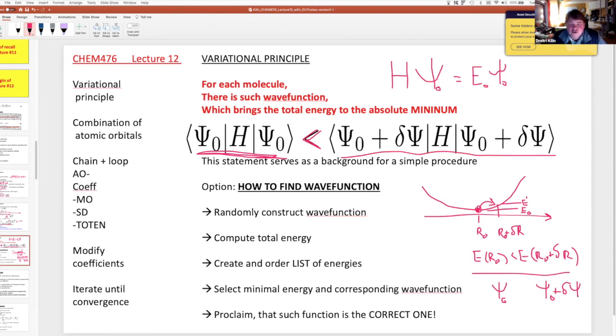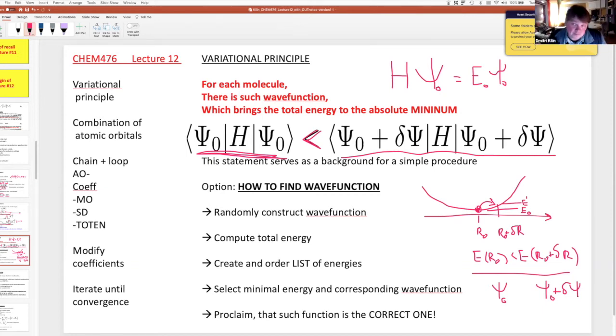Okay. Lola, would you try? So the variational principle is the principle that explains the concept of a system wanting to be at the minimal energy as much as possible.